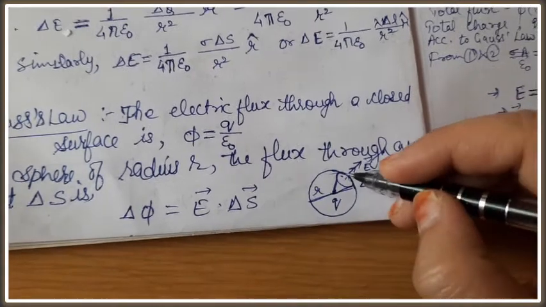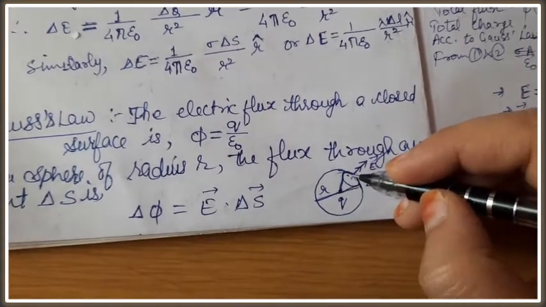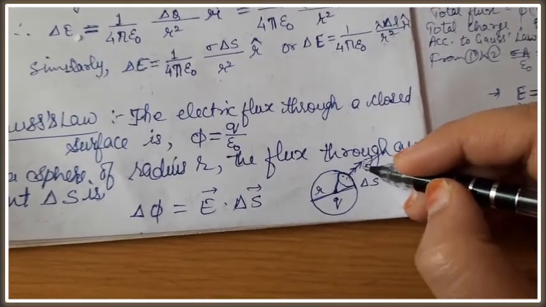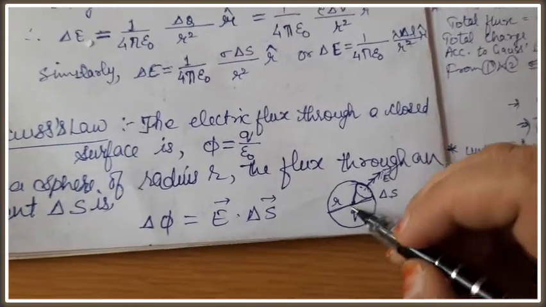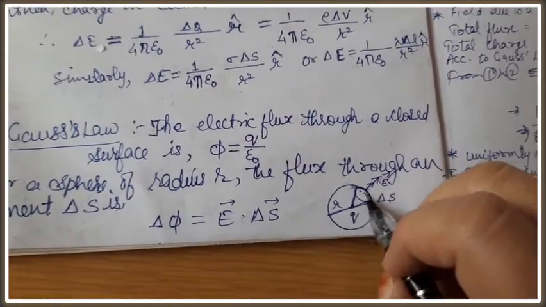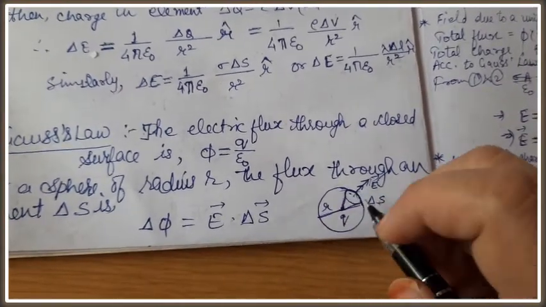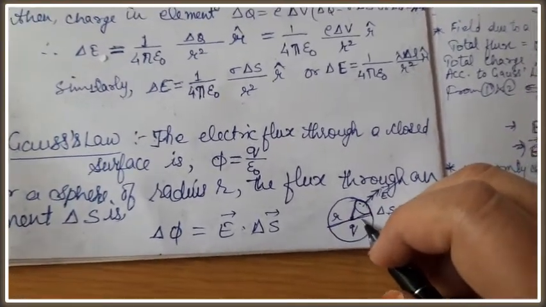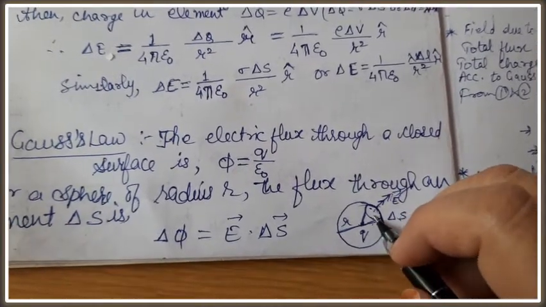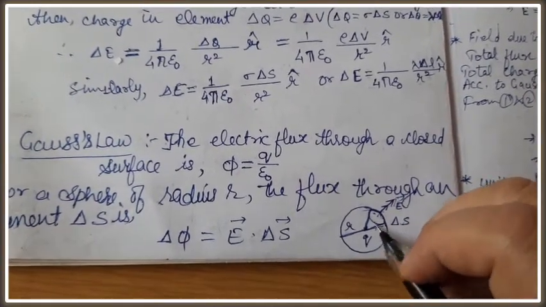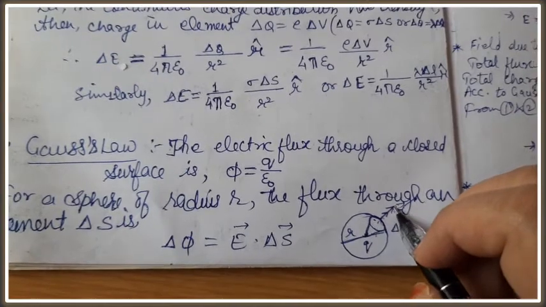So this is the small area under consideration, and its area vector will be normal and outward to it. Because this is a charged surface, there's some charge enclosed by the sphere, so there will be an electric field due to that charge.